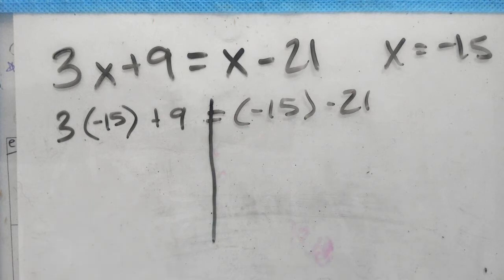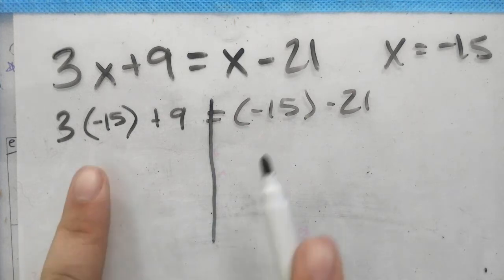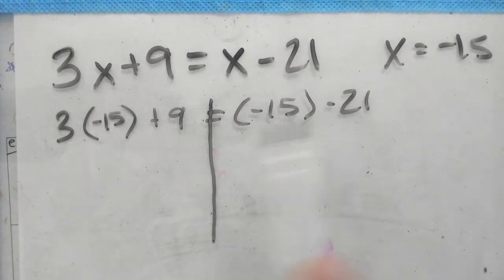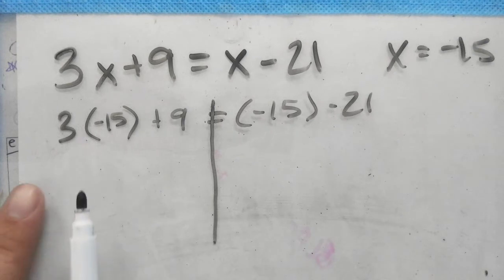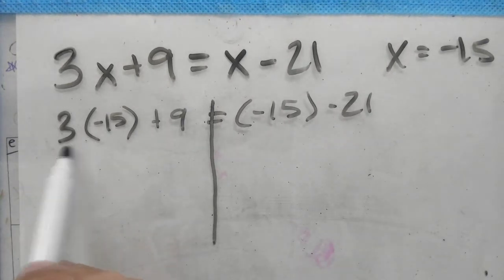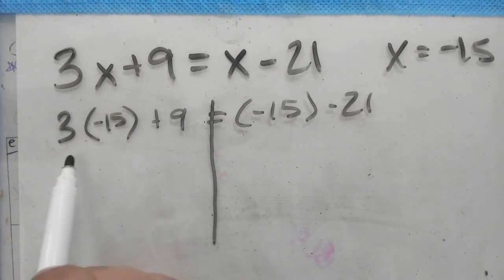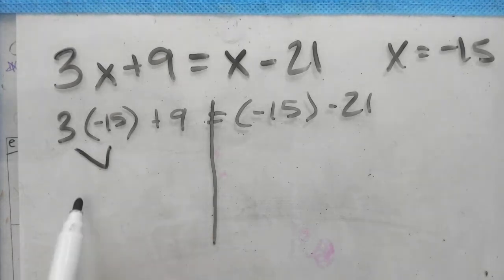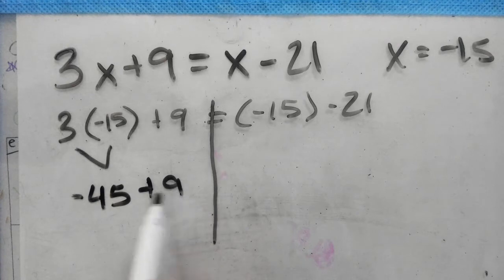Now this is different than before because we have variables on both sides, so we actually have to solve two sides now. On the left side, you have to multiply before you can add. 3 times negative 15 is negative 45 plus 9.